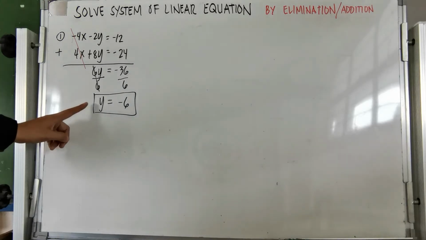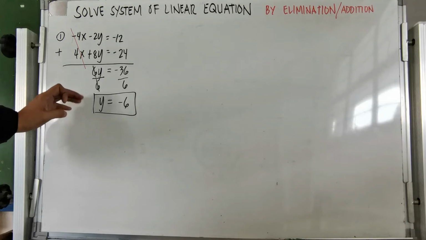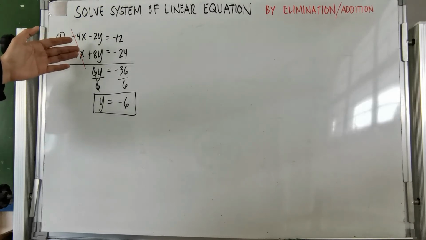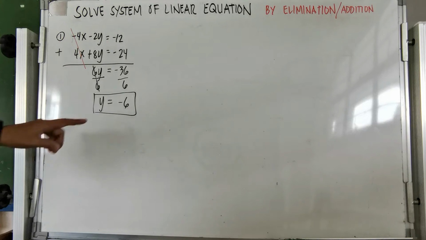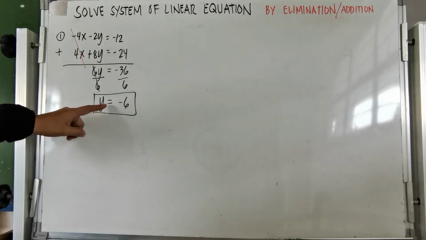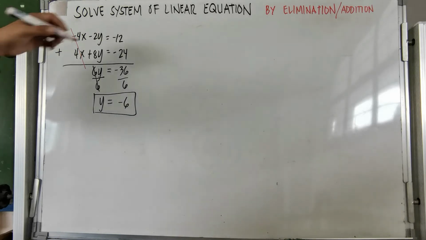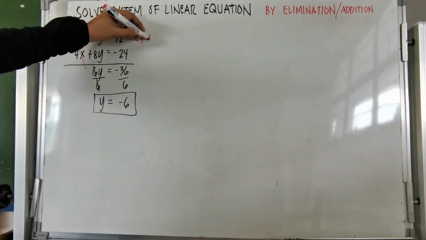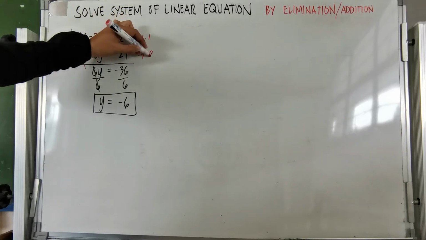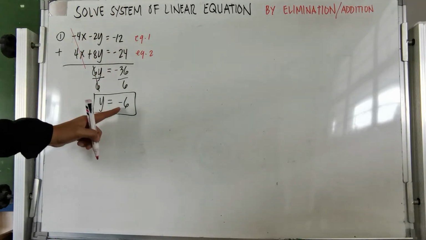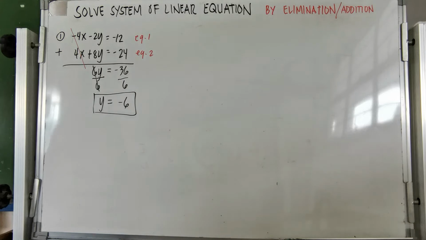Now, we are done with our first step. Nakakuha na tayo ng value of one of our variable. Ibig sabihin, ang kailangan na lang natin ngayong kunin is yung value ng x para magkaroon na tayo ng solution. In getting the other value for the other variable, you may use any of the two equations. So, pwedeng gamitin mo yung equation 1 and yung equation 2 para i-substitute yung value na una mong nakuha.